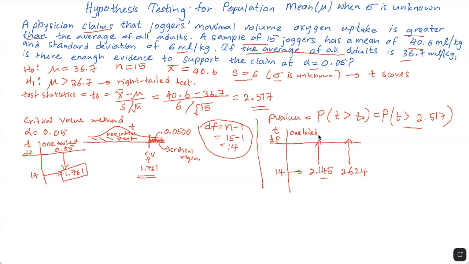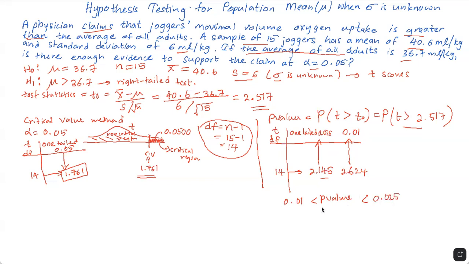For 2.145, alpha value is 0.025 under one tail test. So 2.624 corresponding alpha value is 0.01. So that means your p-value is between 0.01 and 0.025.